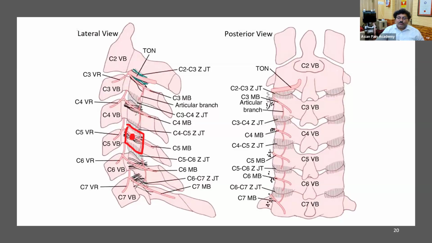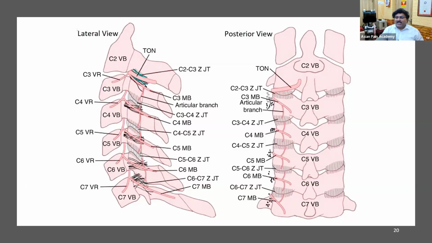From C5, if you move up or down, the average location of the medial nerves is slightly above the midpoint of this area. This concept and this study were very important because we got an idea of where these nerves are going.